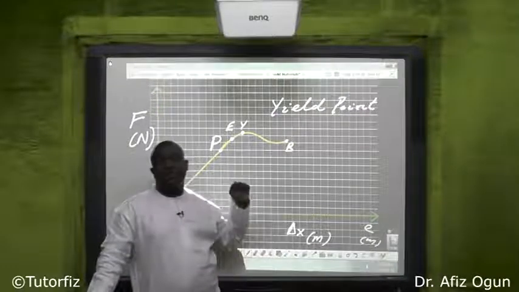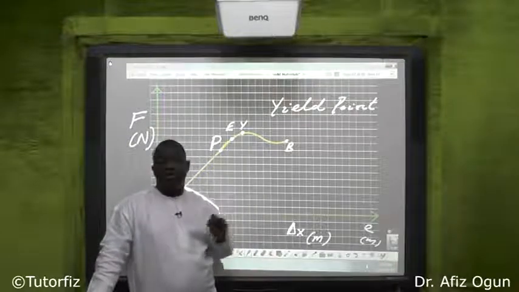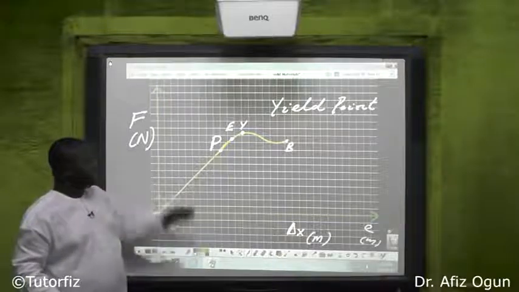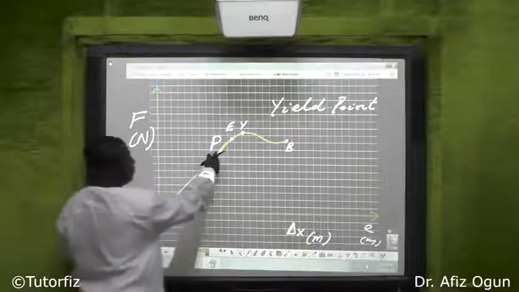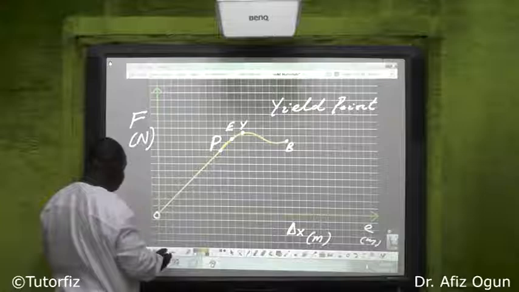That is the breaking point, the point where the body breaks. Don't forget all these points, they are very important for you on the force-extension graph: limit of proportionality, elastic limit, yield point, and breaking point.